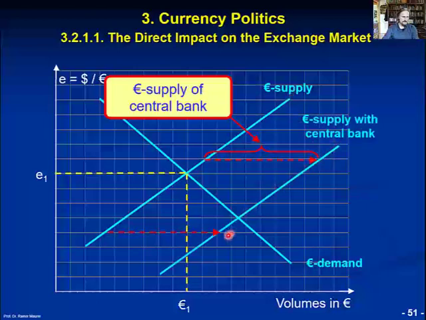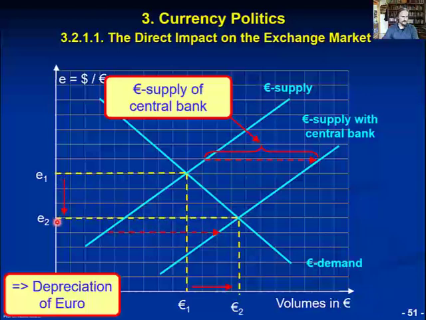Now we have this supply curve, since the European Central Bank has increased the supply of euro by this amount. As a result of this additional supply, the intersection point between demand and supply curve falls to this lower level, which means that now the exchange rate of the euro against the dollar has depreciated. So we have a depreciation of the euro as a result.